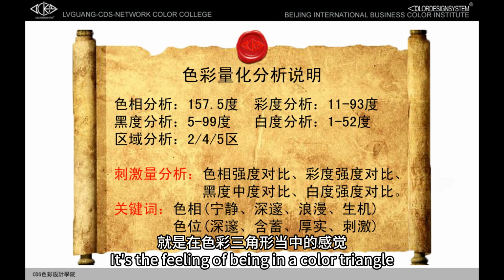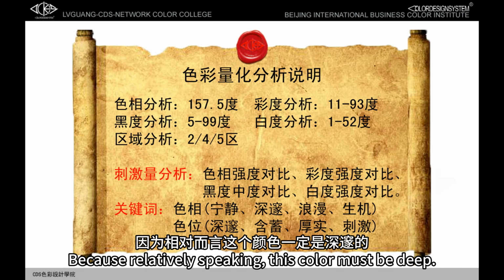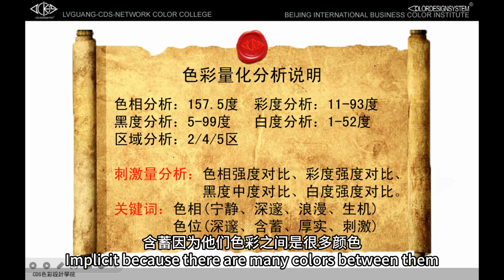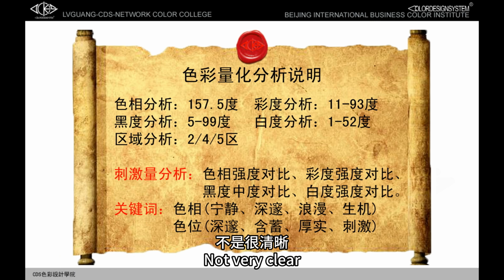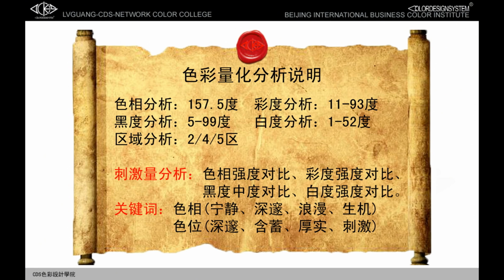And his color position is the feeling of being in a color triangle, is deep. Because relatively speaking, this color must be deep, because of the dawn of the morning. Implicit because there are many colors between them, not very clear. Relatively speaking, there is some fusion between them called implication.